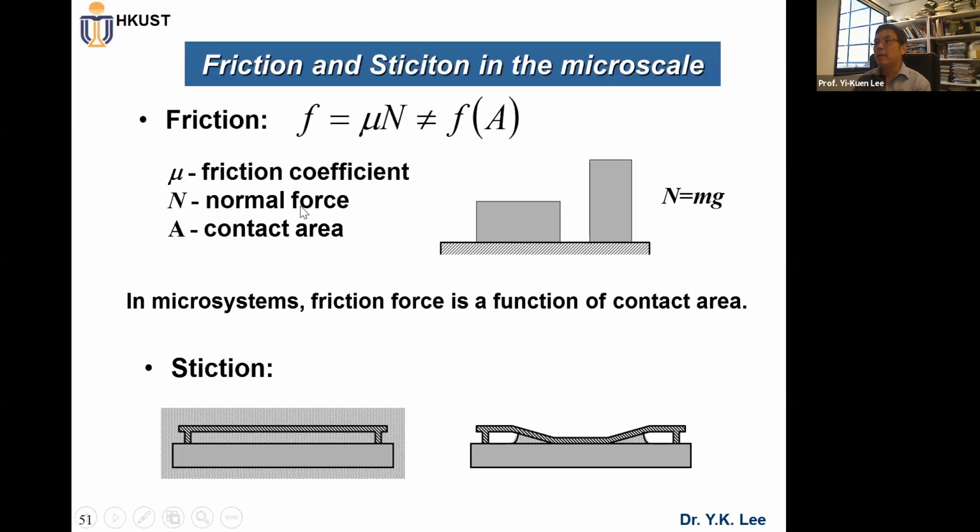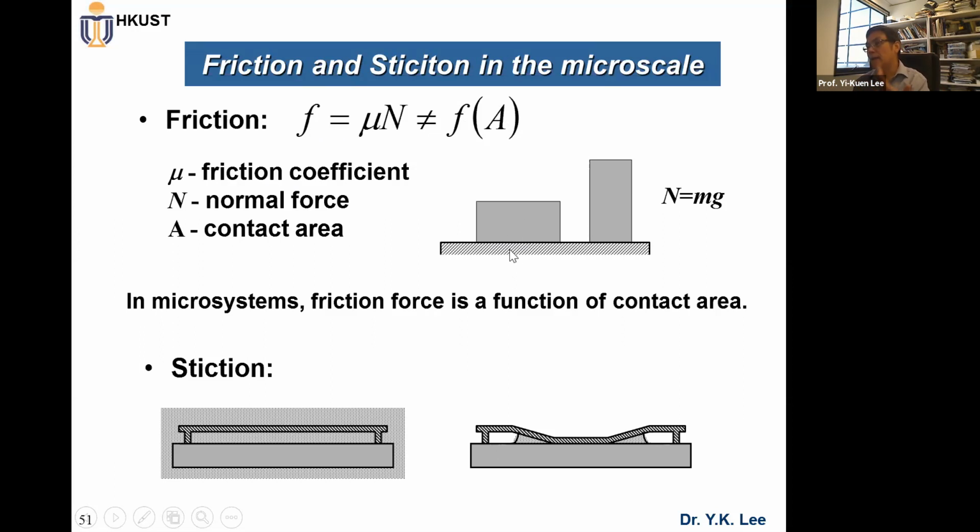So basically, here I show you one of the interesting problems we found, which is stiction. Like in high school physics, we understand, once you have a big mass sitting on the ground, you have friction force which is proportional to the normal force.